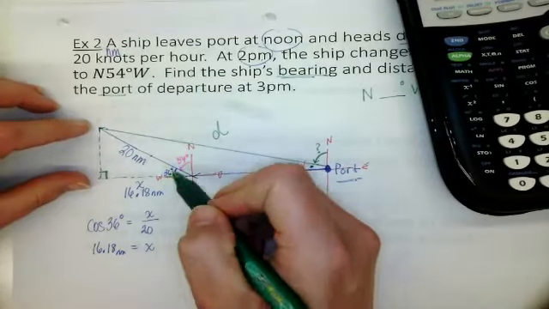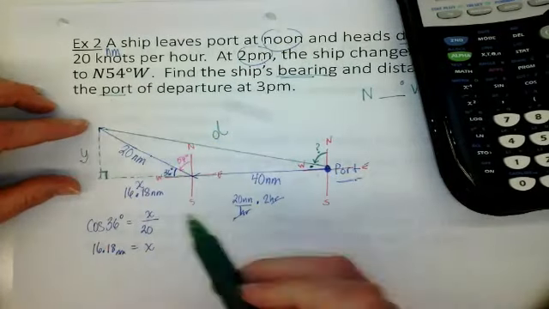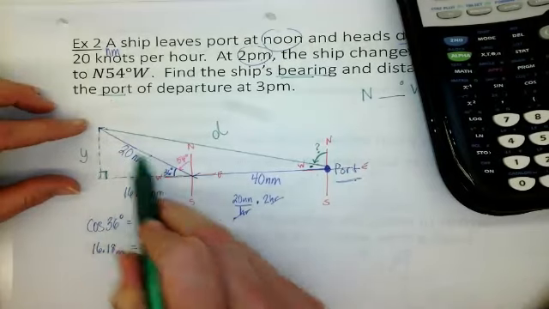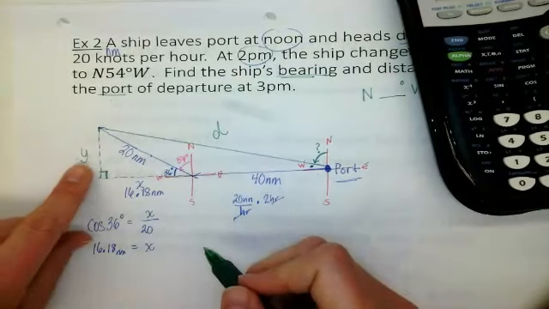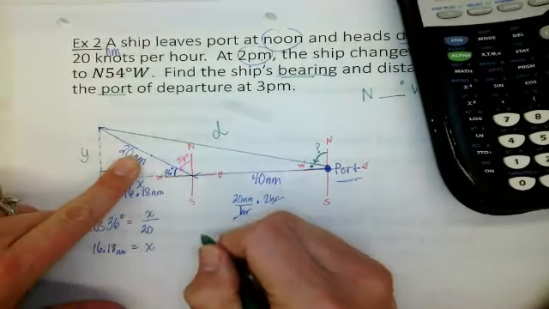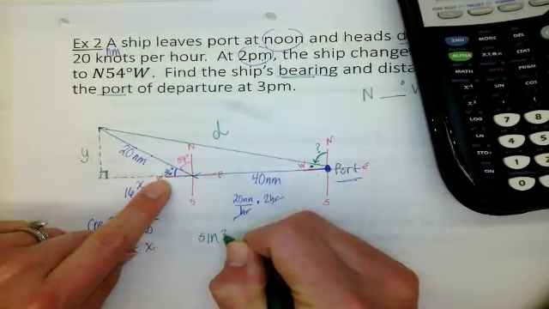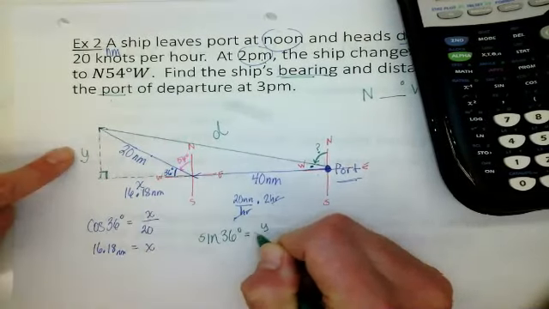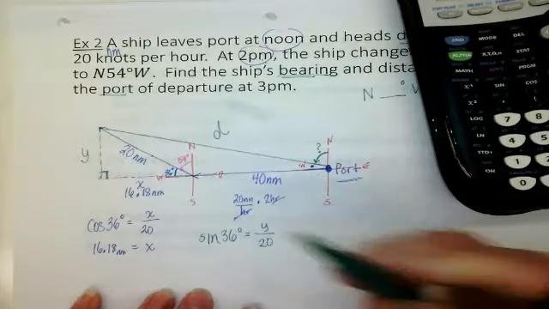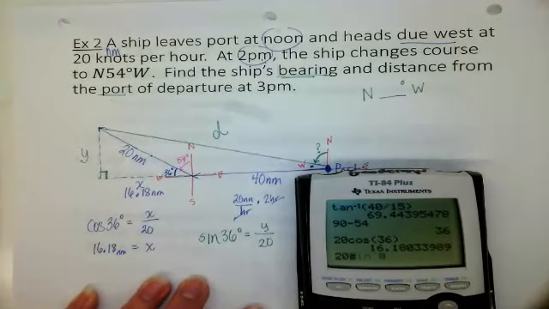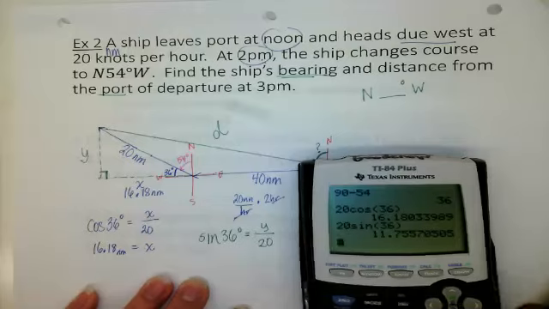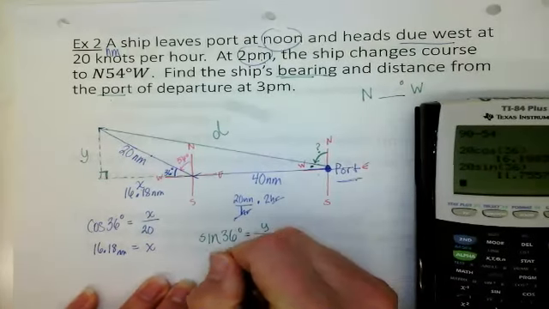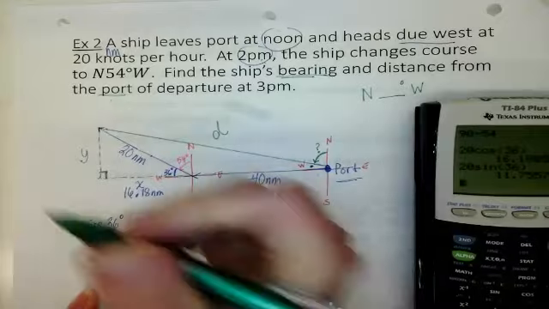So again, I'm going to find this side, I'm going to call it y, and I can still use this little triangle right here that's sort of overlapping. So that would be my opposite and hypotenuse. So I'm going to write a sine function. Sine of my 36-degree angle is opposite over hypotenuse. So I can multiply by 20. 20 sine of 36. And I get 11.76, I guess I'll use. So y equals 11.76 nautical miles.